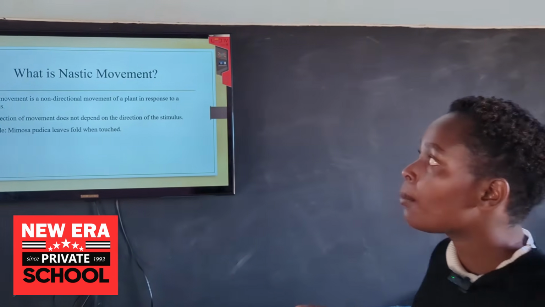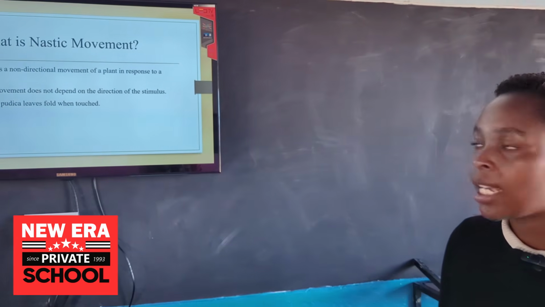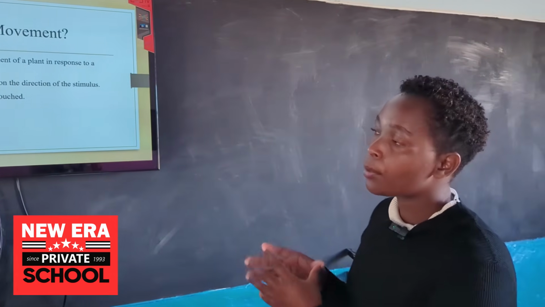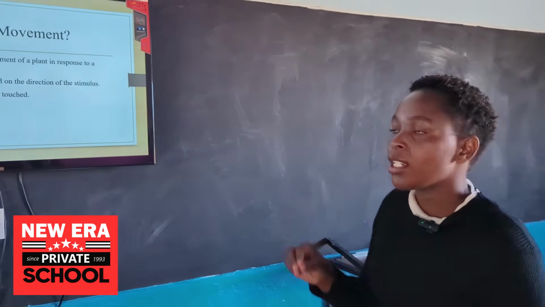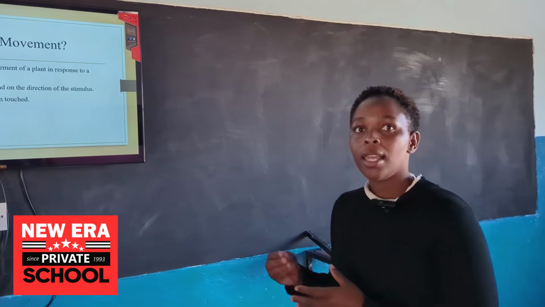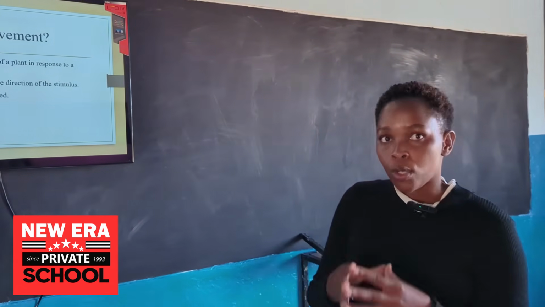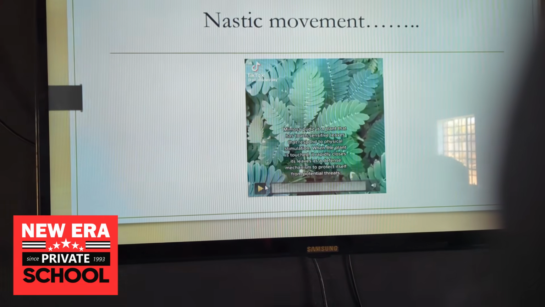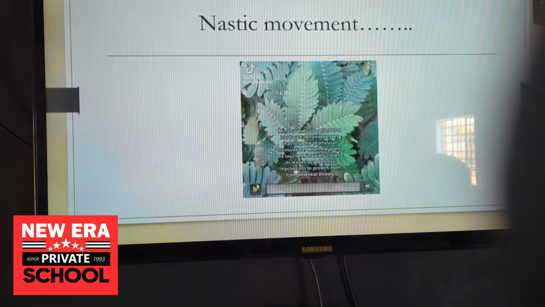A good example of nastic movement is Mimosa pudica leaves. If you touch Mimosa pudica leaves, it doesn't matter whether you touch it from the right, left, top, or bottom. It still folds. Here is the video of nastic movement. The plant is Mimosa pudica.